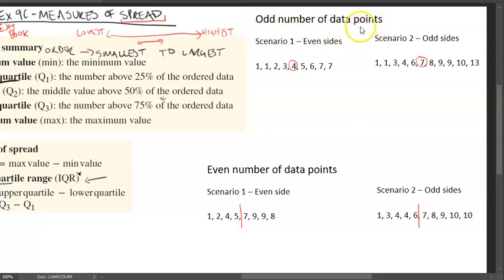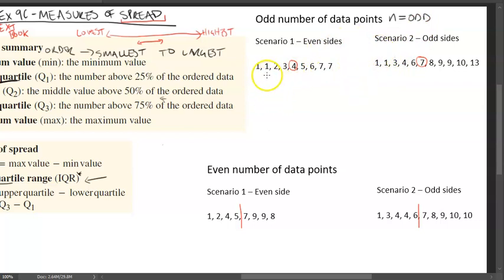If we do a survey, we get our data points, which are numerical, and we count them all up, and the amount that we have, our n value, n being just the number of data points, is odd, we get put into a scenario where we can extract the middle number, or Q2. Okay, when we have an odd amount, it's very easy to get the middle value.